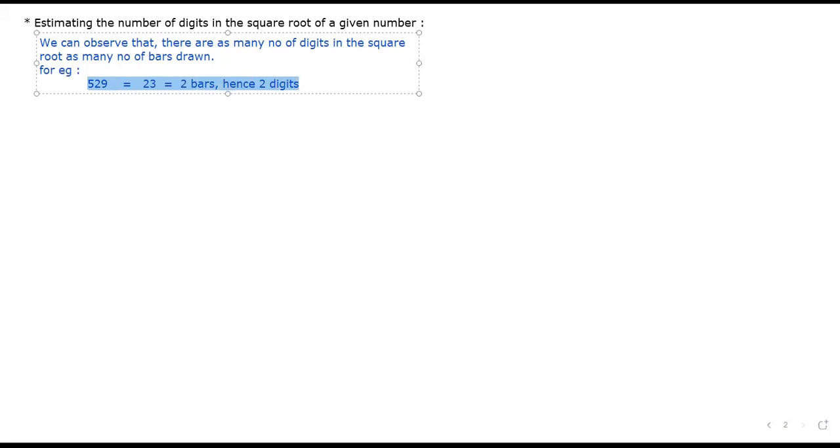Correct? Root of 64 is 8. 1 bar, hence 1 digit.